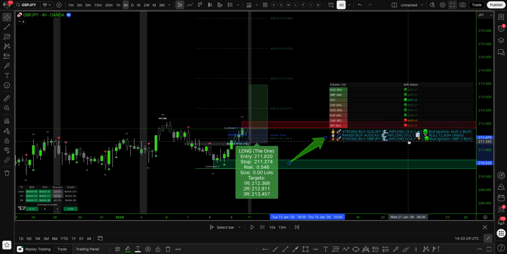This also shows us the velocity. The velocity is telling us how powerful this move can be. So if we've got a 4.1 compared to a 2.1, that's already telling us that, hey, this is a good move that could happen here. There is no set rating where 10 is better than this. The higher it is, the better it can be. There is no only trade this one, only do that one.